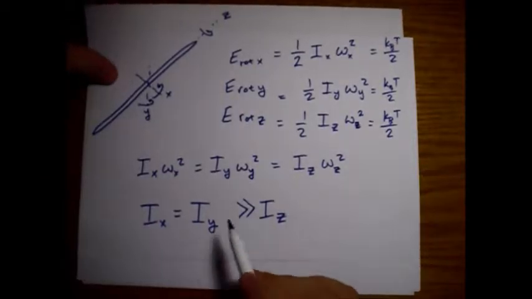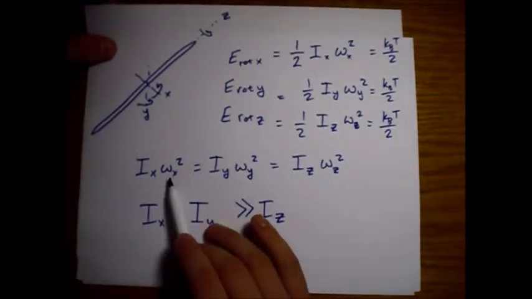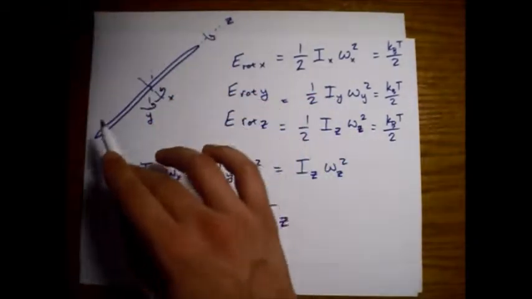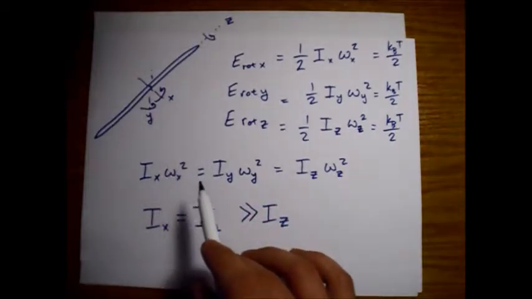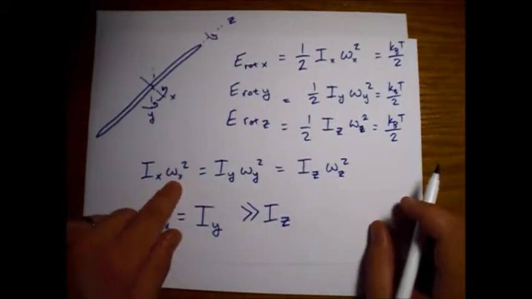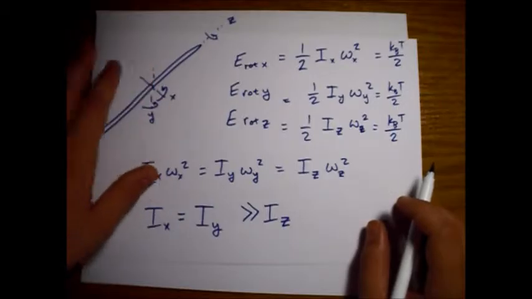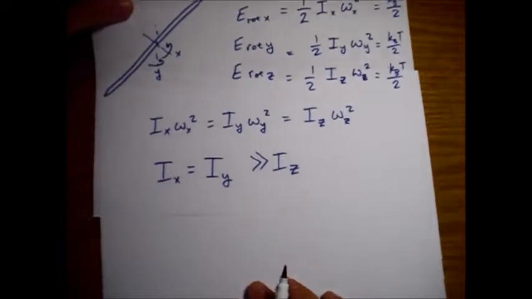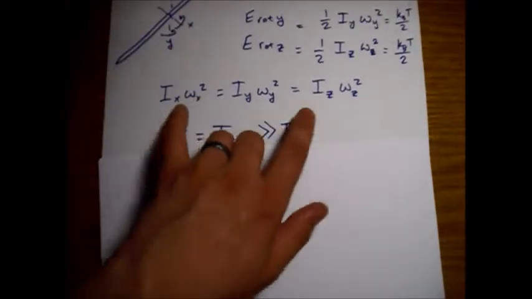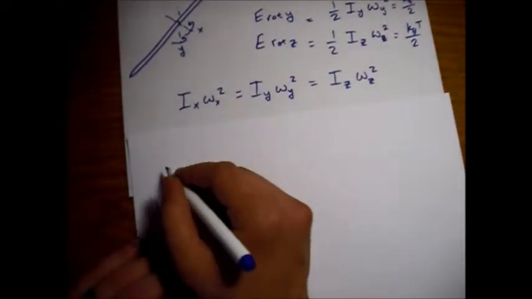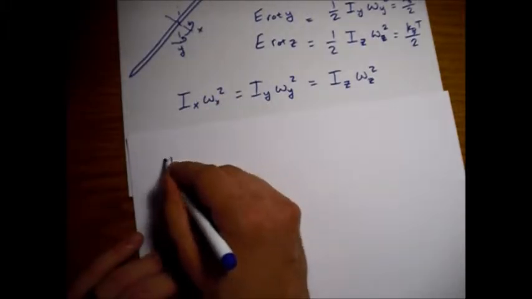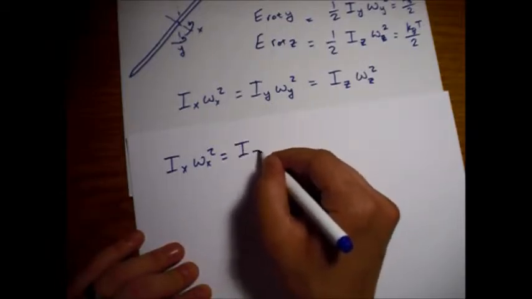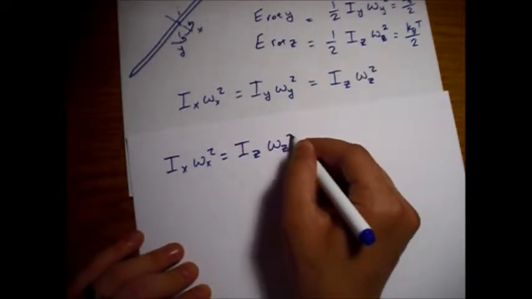All right, so let's just look at one of these examples. Let's look at the x direction versus the z direction. Because of the symmetry here, whatever we can say about the x direction angular momentum, we can also say about the y direction angular momentum. Looking at these energies again, let's just look at x. So we have I sub x omega x squared equal to I sub z omega z squared.